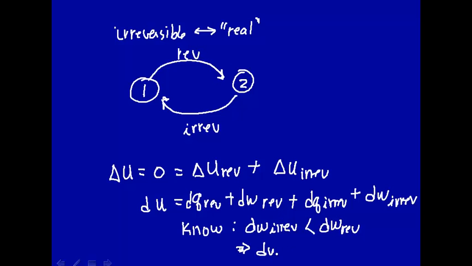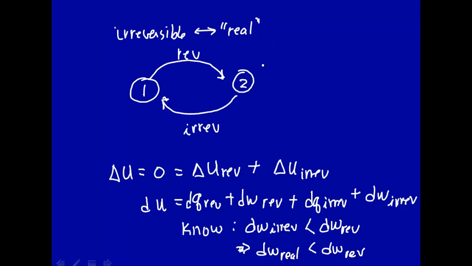So any work you can get out from a real process is always less than the work you can get out from that ideal process, the reversible process. Now if that's the case, this implies that the heat transferred in an irreversible process will always be greater than the heat transferred in a reversible process.